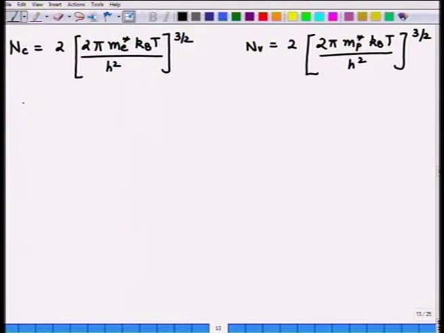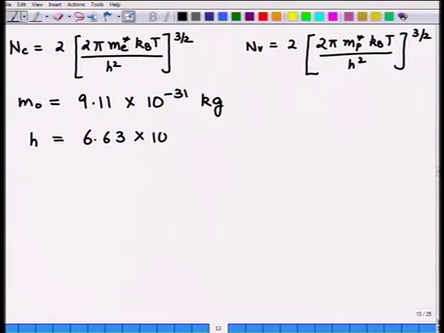So, what we can do is, first of all, simplify it. You know that the rest mass of electron, which we are going to say m_0, is 9.11 into 10 to power minus 31 kgs, and Planck's constant is into 10 to power minus 34 joules second.